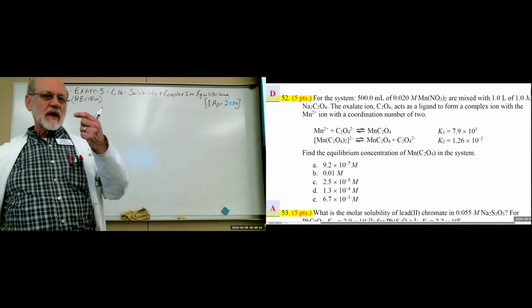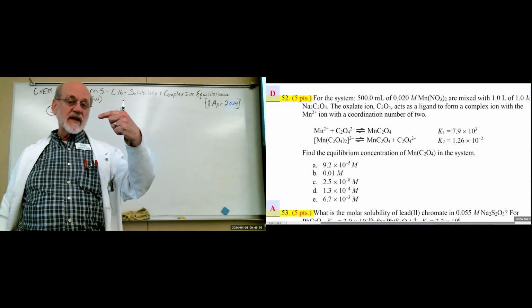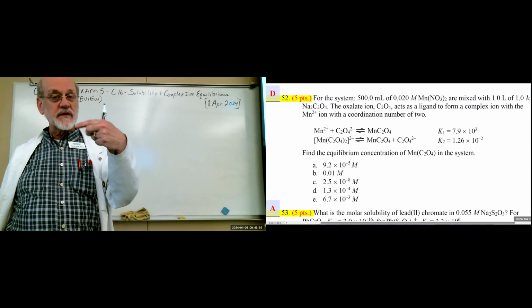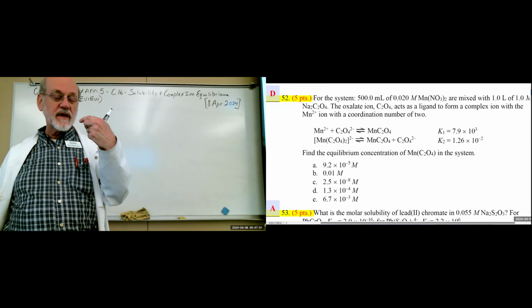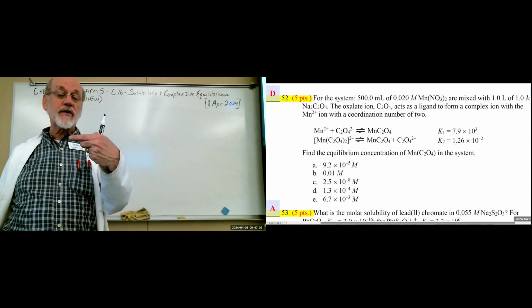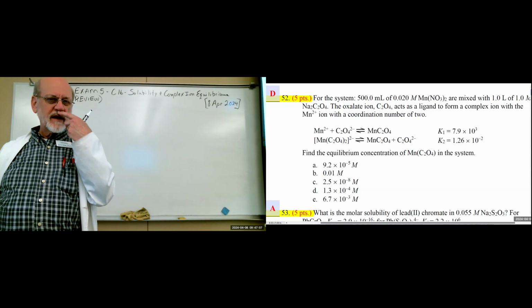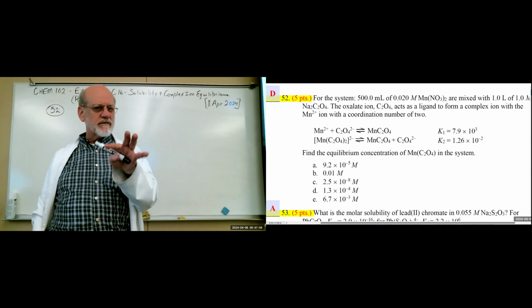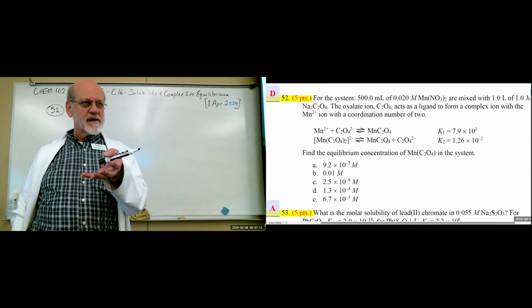So the first equation, manganese and oxalate, form manganese with a single oxalate with an equilibrium constant of 7.9 times 10 to the third, excuse me. The second one is actually reversed. Notice that?